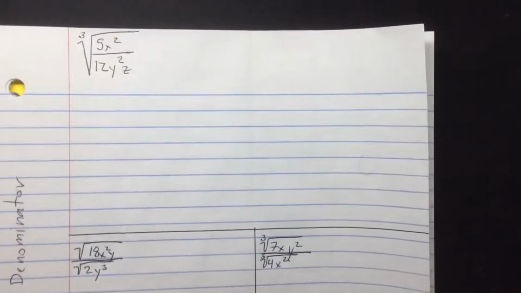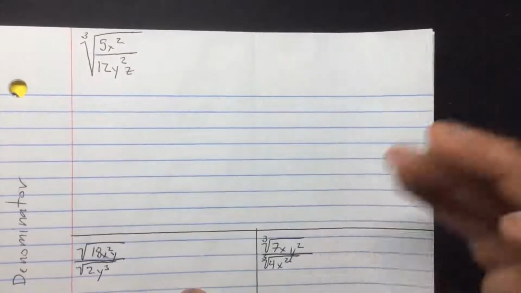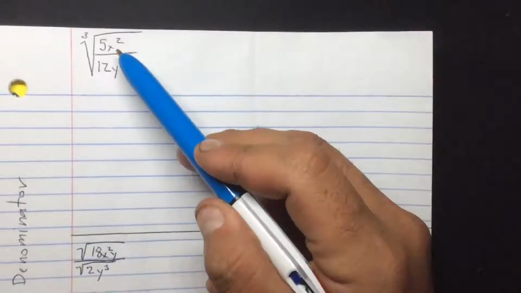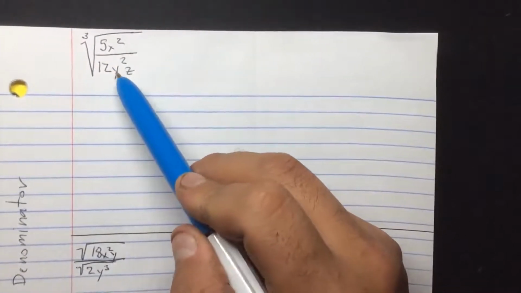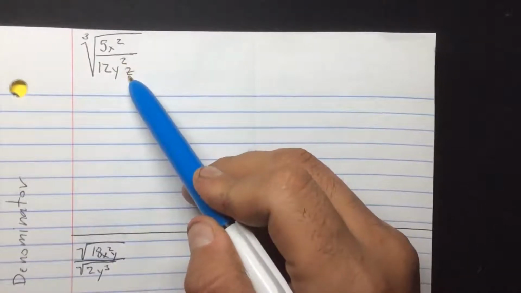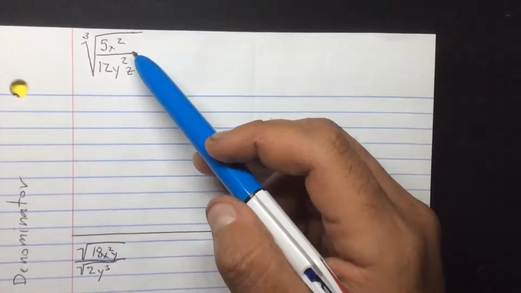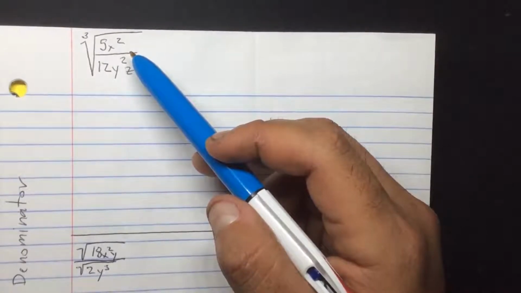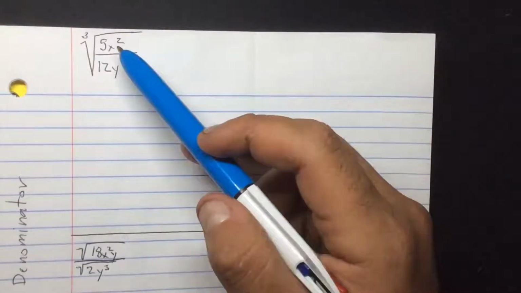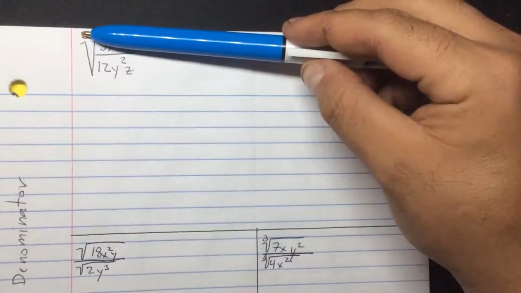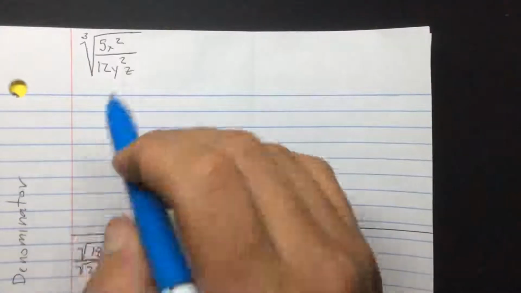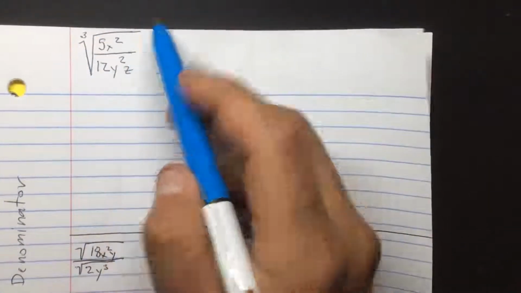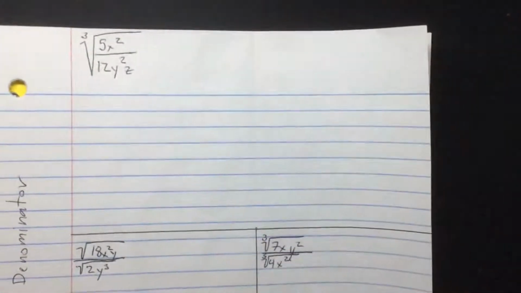Alright, so the first part that we have here is our cube root of 5x squared divided by 12y squared z. So the easiest way to put this is we're going to split it, just like how we put everything underneath the same radical, we can actually take everything out of the same radical as well.